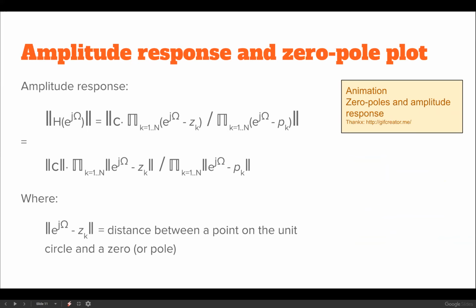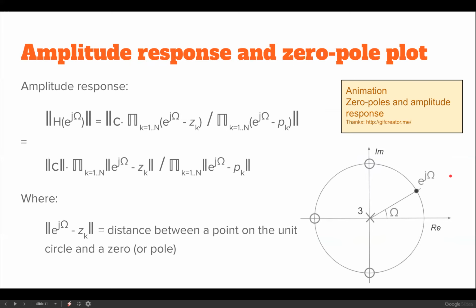Okay, amplitude response and zero pole plot. Back to the business. We have the zero pole plot. For example, here we have the 3-point running average filter zero pole plot. We have the angle omega and the point e to j omega here. Sorry about these lines, they go haywire.